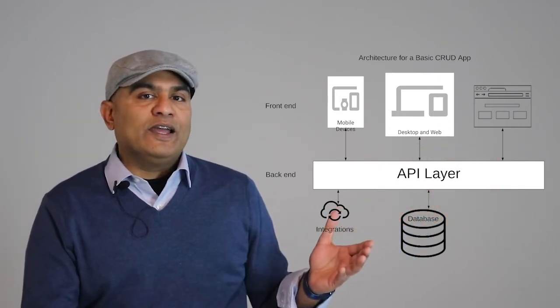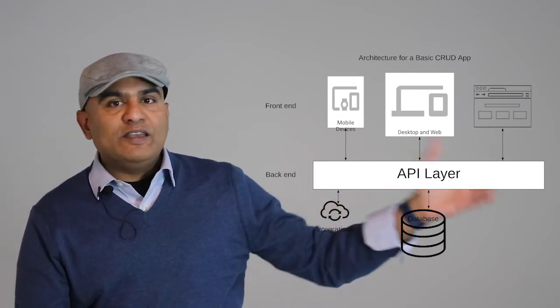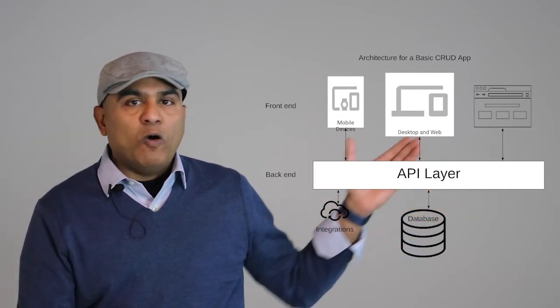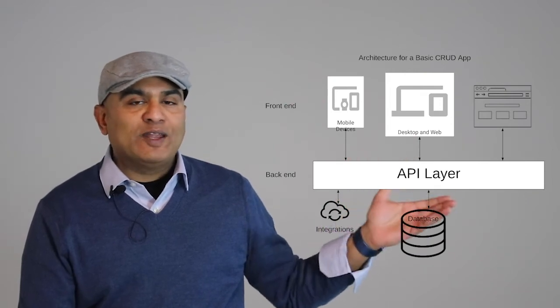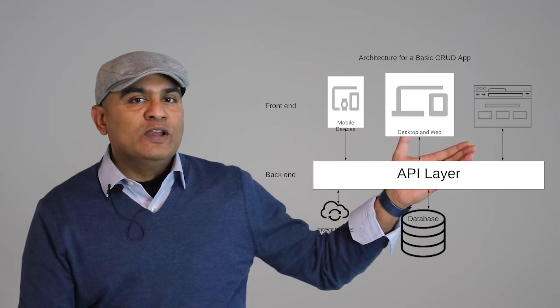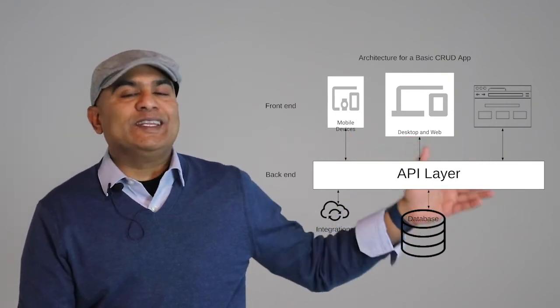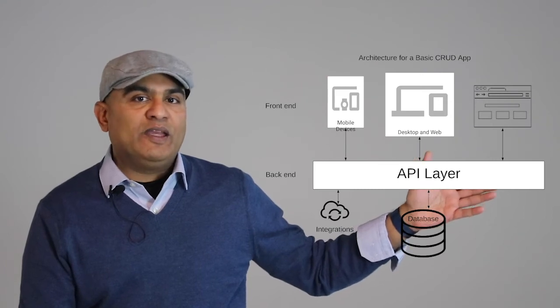Think about it like the API layer connecting with a CRM such as Salesforce, or a payment gateway. You may want to take a payment in your app, so you may want to process a credit card or a bank account. Those would be taken care of by the API layer.